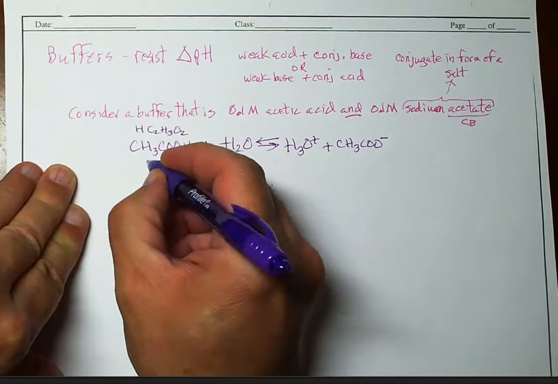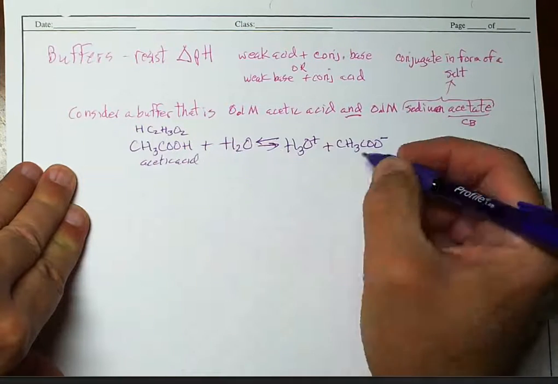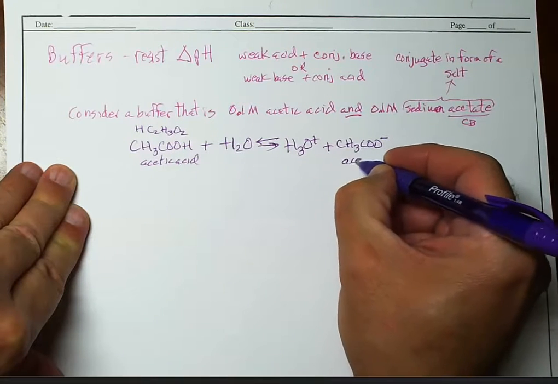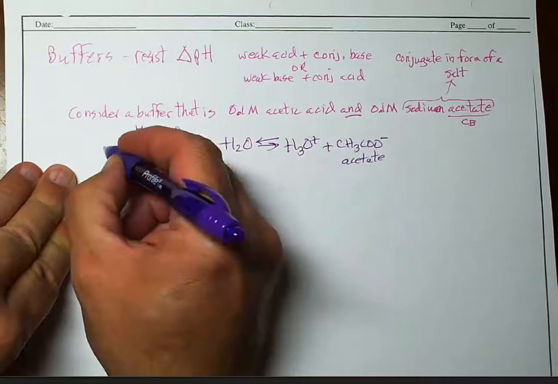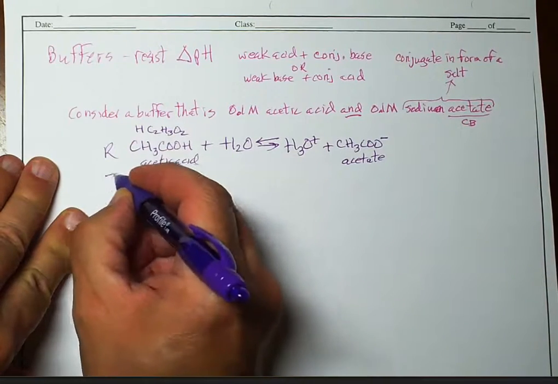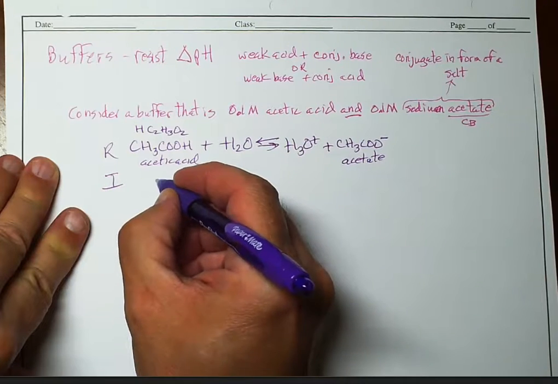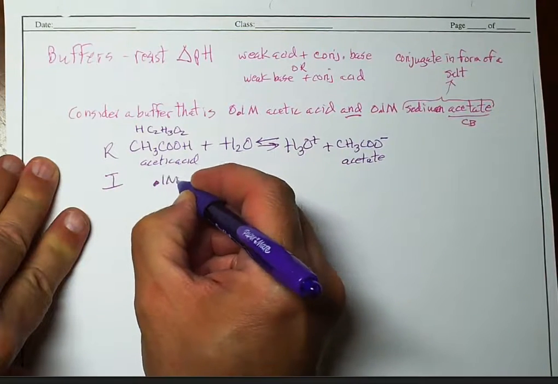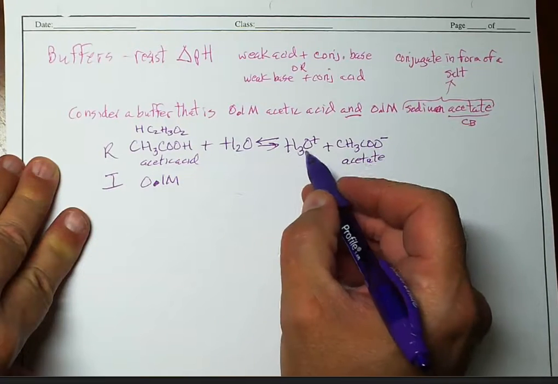So this is acetic acid. This is acetate, its conjugate base. All right, so there's the reaction. Initially, the acetic acid is 0.1 molar. And water doesn't really matter.